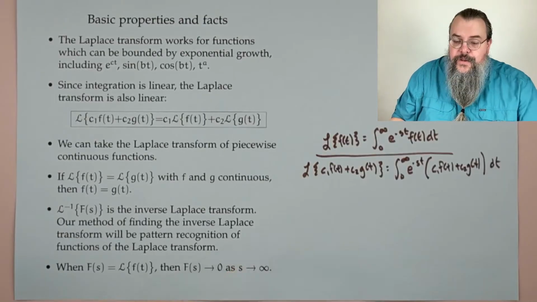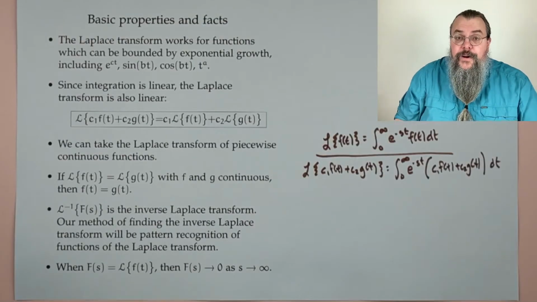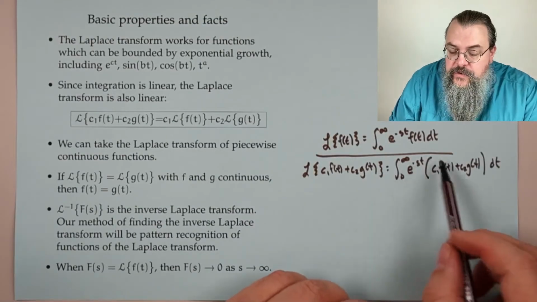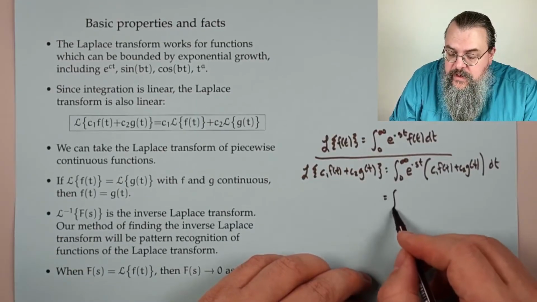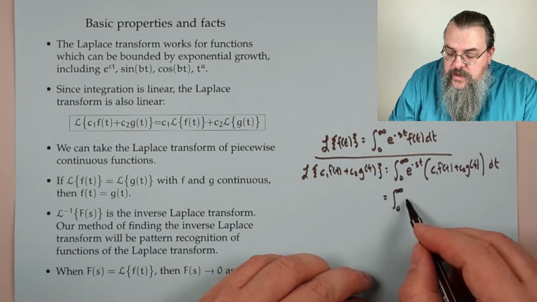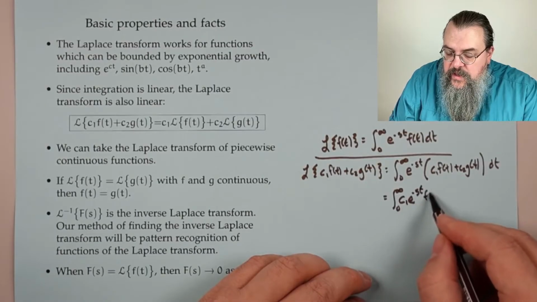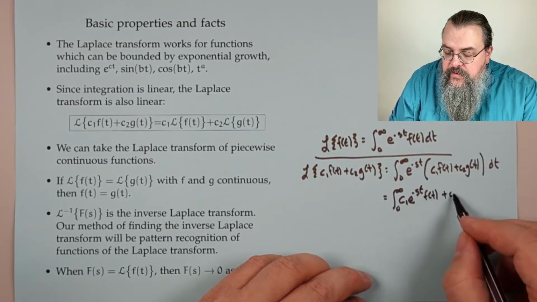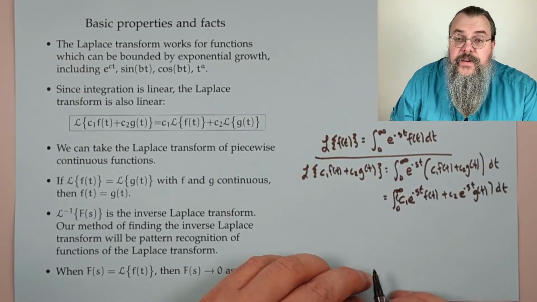Because what's the rule? The rule is whatever's here goes there. All right. Well, now we can distribute. Hey, wait a second. This is the integral from 0 to infinity of c1 e to the minus st f of t plus c2 e to the minus st g of t, dt on the end.